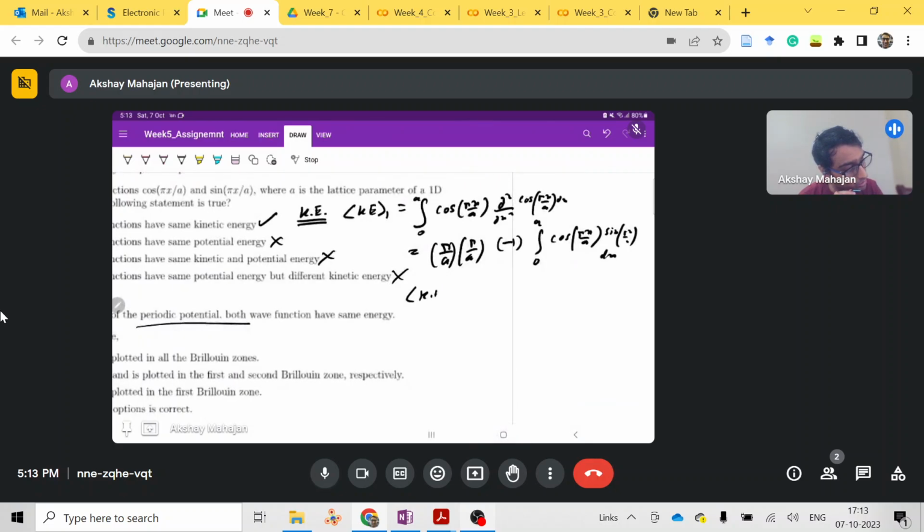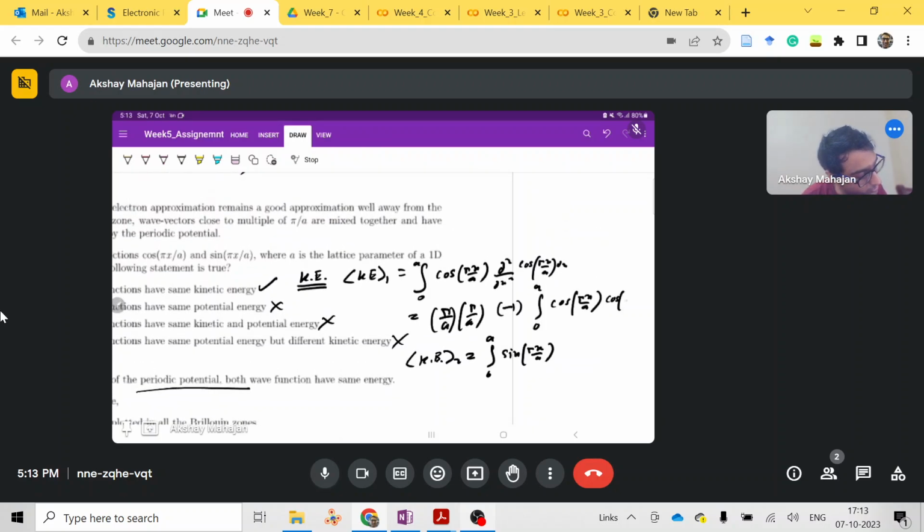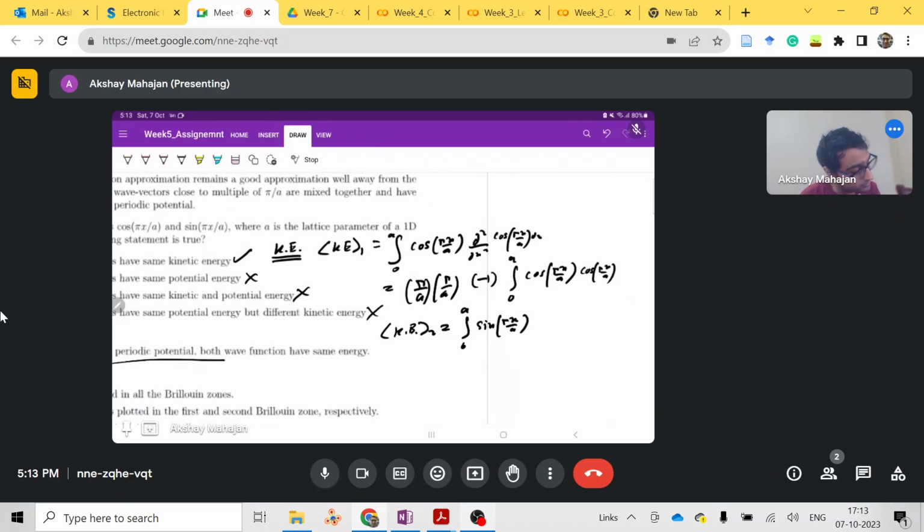Similarly, we can do the same expectation value for the kinetic energy 2 part as well, with sin pi x by a. There will be a cos square theta term. You can check this.